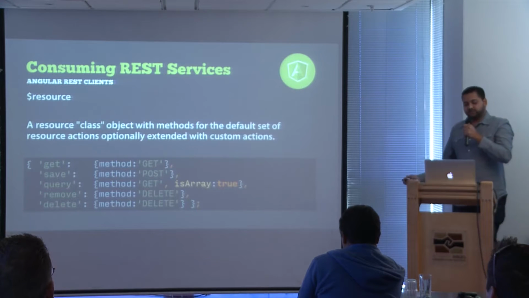So this is basically what it does. It allows you to specify what each of the HTTP operations are going to map to in terms of your Angular project. So if for some reason you want to name them differently, more meaningful, so perhaps save instead of post, you can do that.